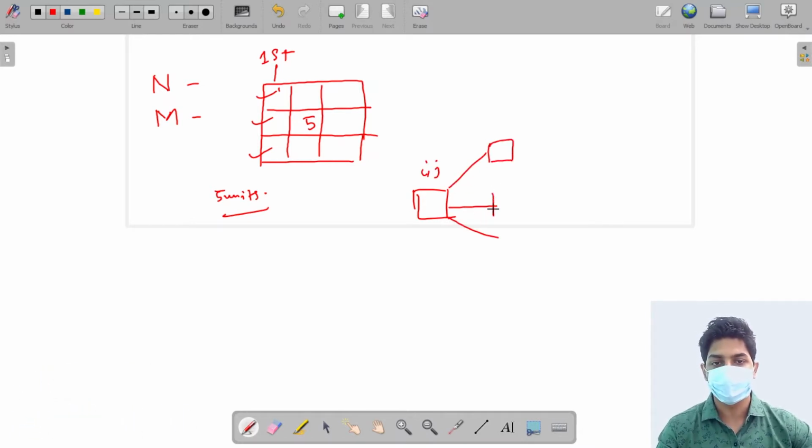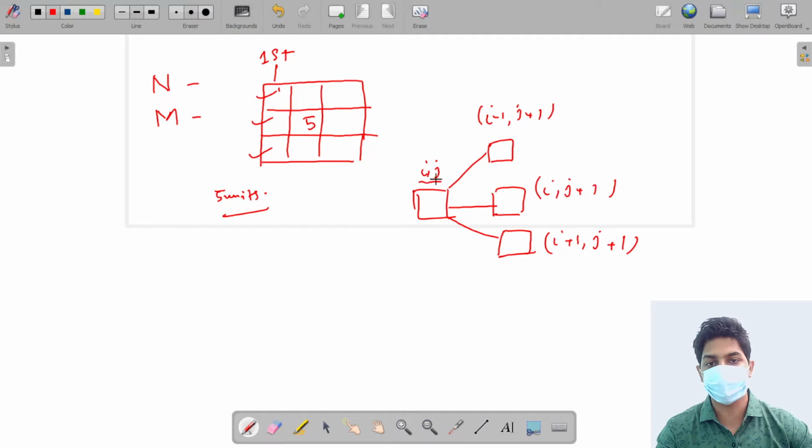That is, we can move to the cell with coordinates i minus 1 comma j plus 1, or i comma j plus 1, or i plus 1 comma j plus 1. We can move only to these three cells if we are at a particular cell i comma j. Then we have to tell what is the maximum amount of gold that we can dig out through this grid.